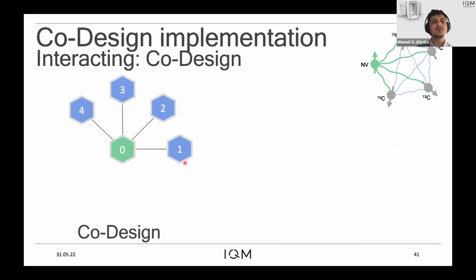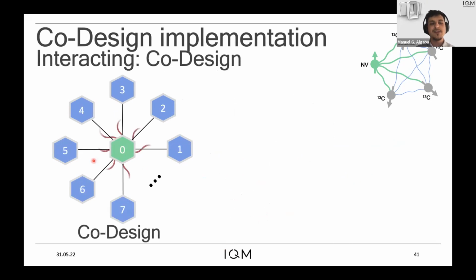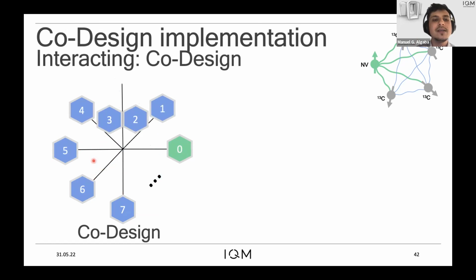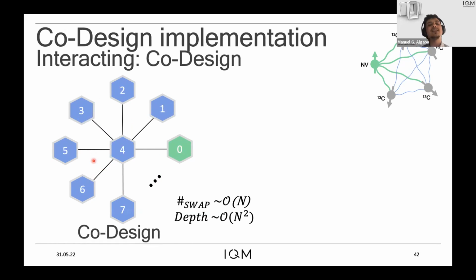And if we try to do this on the star chip, we will see that we can do all the interactions. Now we swap first nucleus, we do the remaining interactions, and we keep doing this until we find the desired simulation. This will be now in a quadratic depth, but with a linear number of swaps.